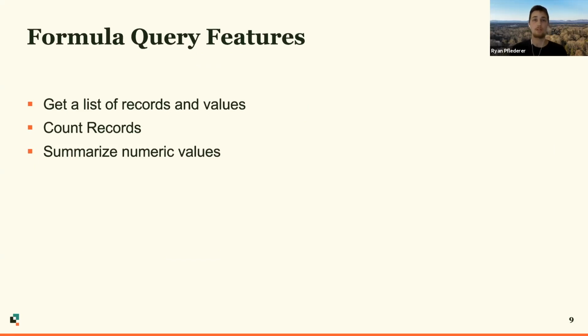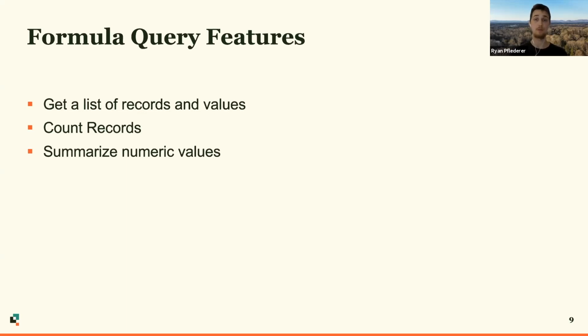And so what are some of the features that are going to be available with the formula queries? Well, first and foremost, like I mentioned already, we will be able to access any records and any data within those records from anywhere across the application. So we can get a specific list of records with a simple query string, and then we can pull values from those records.